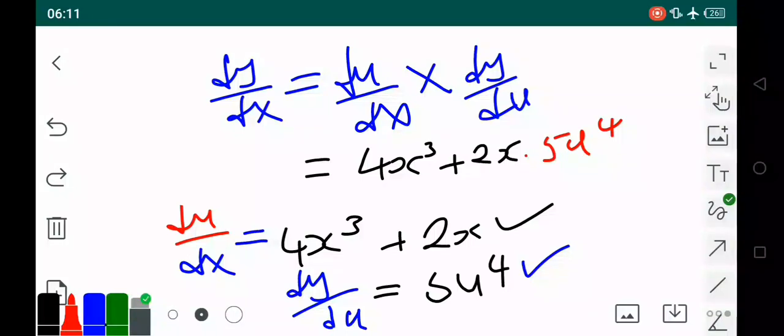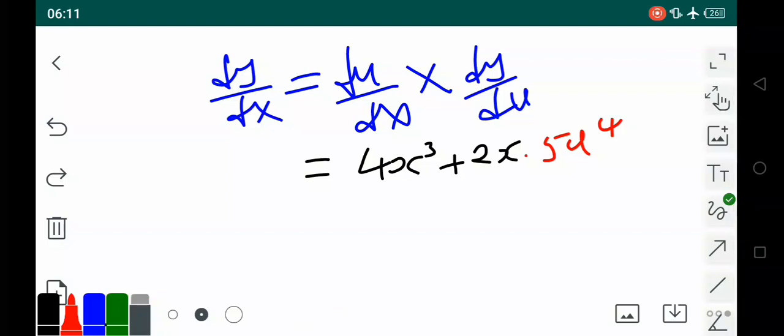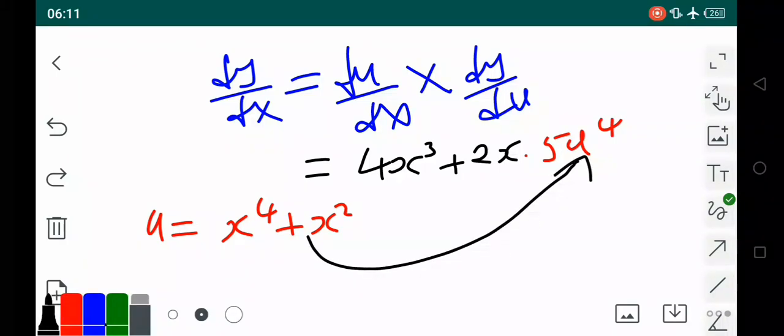Now remember that u was something that we had to relate: we know it was given as x to the power 4 plus x squared. So now we can replace u, because we don't want to have two variables on the right hand side.